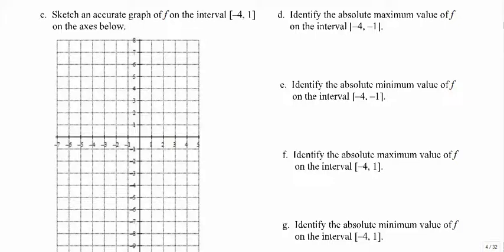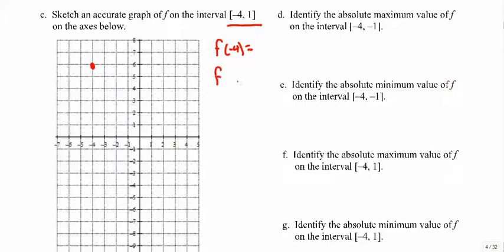Okay, now part C wants us to sketch the graph on a closed interval. That's really important that you understand that it's a closed interval. So in order to do that, I need to figure out how high the graph is at -4. So if I plug -4 into my function, I find out that at -4 the function is 6.